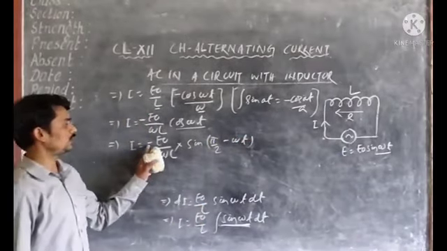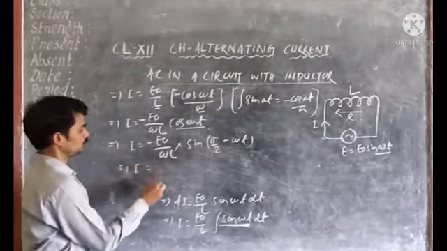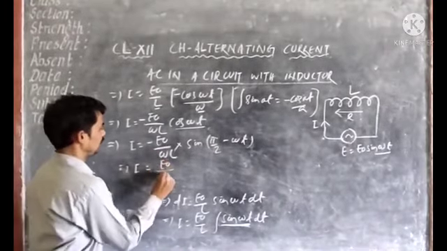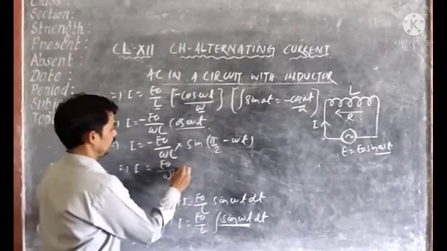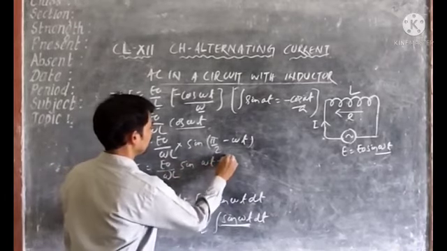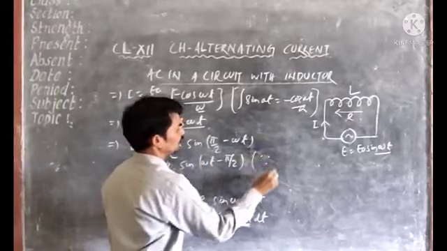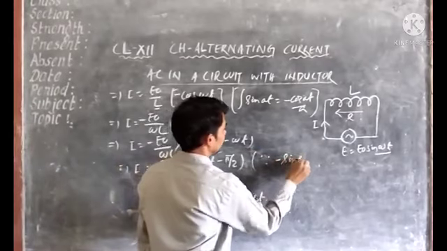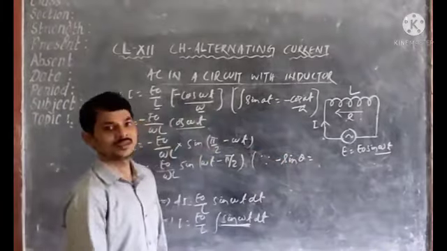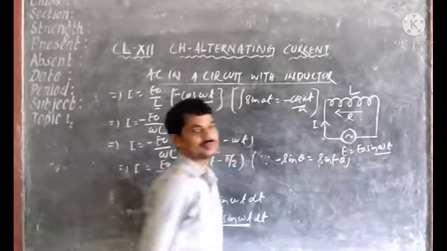Now when we multiply this minus inside, we can write I is equal to E naught divided by omega L times sin of omega t minus pi by 2, because we know minus sin theta is equal to sin of minus theta.